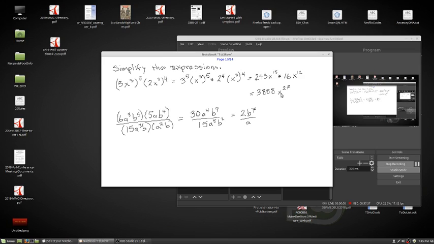And then x to the 15th times x to the 12th, we just add the exponents together and we get x to the 27th. So again, that's just applying your rules about products raised to a power, or a number raised to a power and then raised to another power.